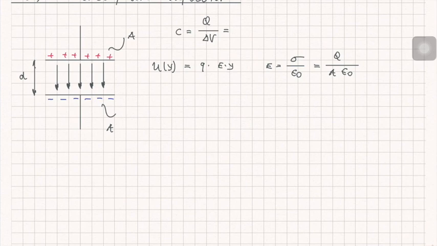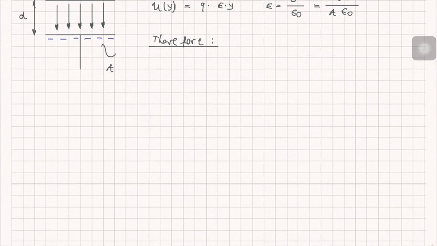So therefore, U of y equals, let's now replace the electrical field by our description: Q times capital Q, the charge on each plate, divided by A times epsilon naught, times y.